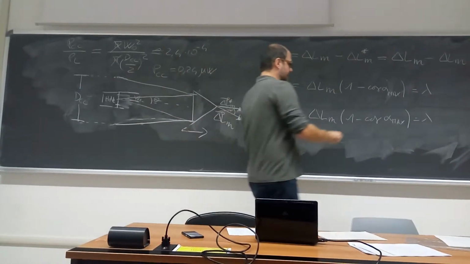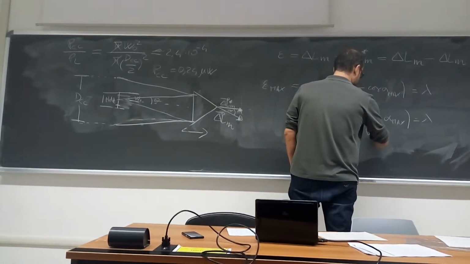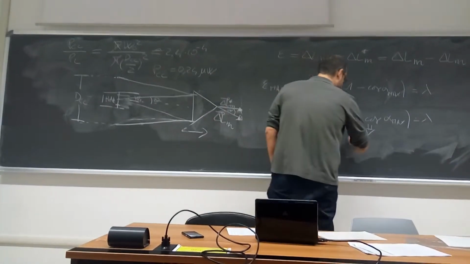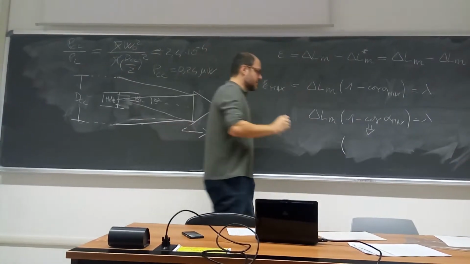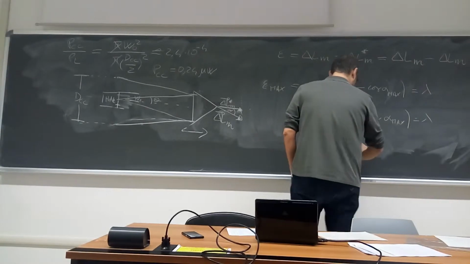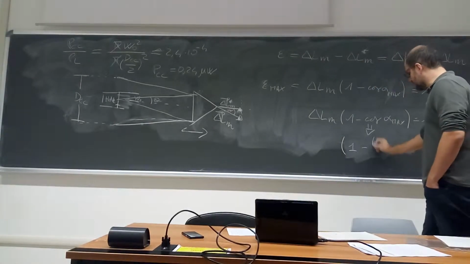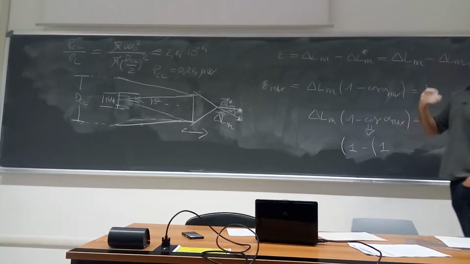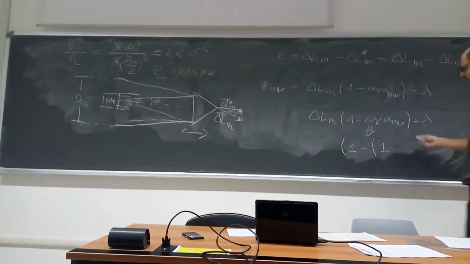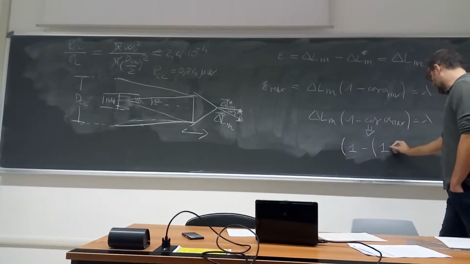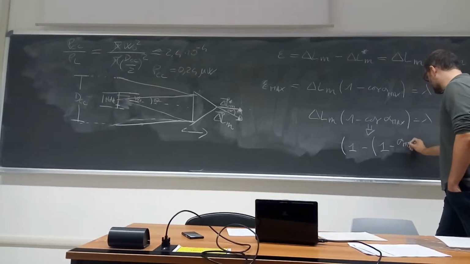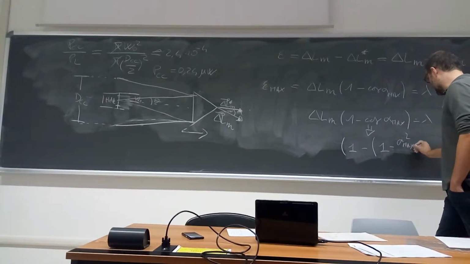So what you can write, this quantity can be equal, if alpha max is low, to 1 minus, let's use the first two orders of the cosine function.